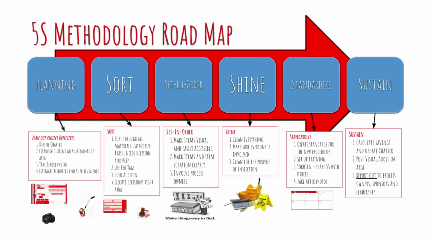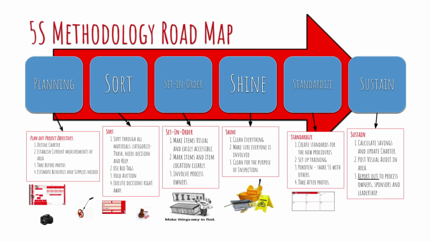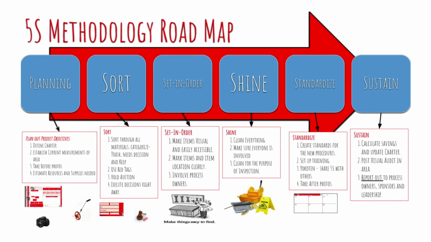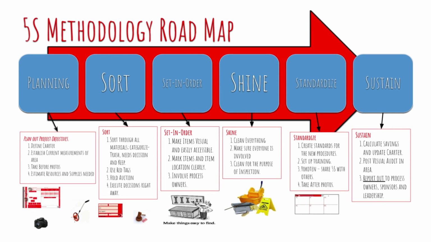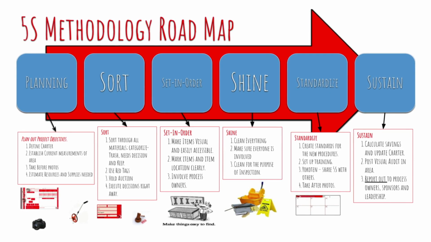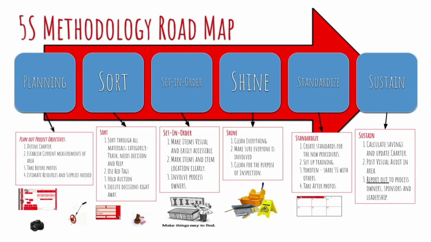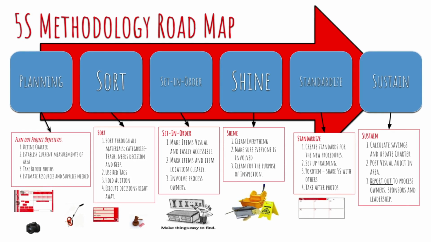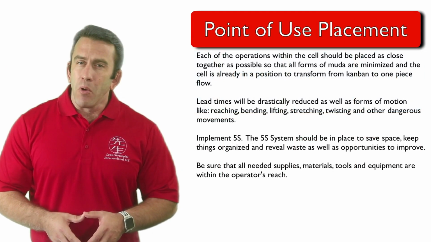One activity that can really help maximize your point of use design is 5S. The 5S system should be in place to save space, keep things organized, and reveal waste as well as opportunities to improve.